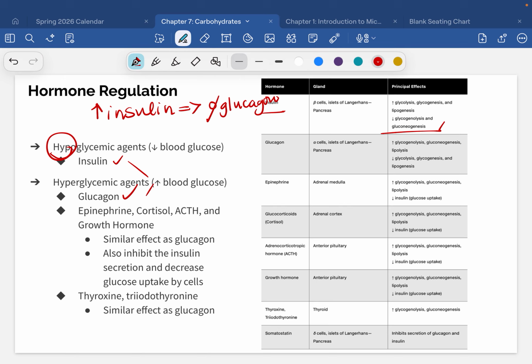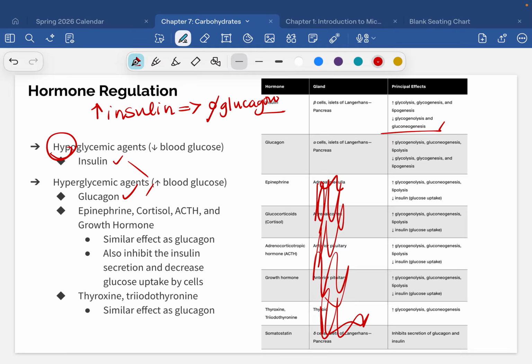Yep. What do we have to know about the secondary hormones? For the secondary hormones, do we have to know what gland they're from? No, we're going to talk about these later. So this stuff, you don't have to know right now. You will have to know about it later, like where it comes from, things like that.